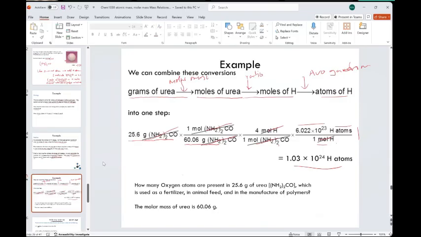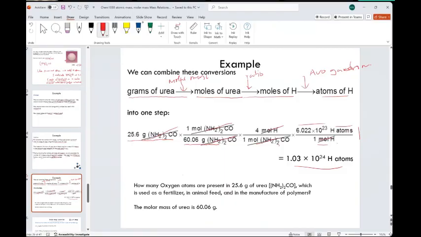So for oxygen, here is the place. I'm just giving you the clue. If you are curious to solve it for oxygen, here is the place where you will change the value only, and everything else remains the same. Instead of 4, you need to write 1 mole. 1 mole of oxygen per 1 mole of urea, because of this formula.